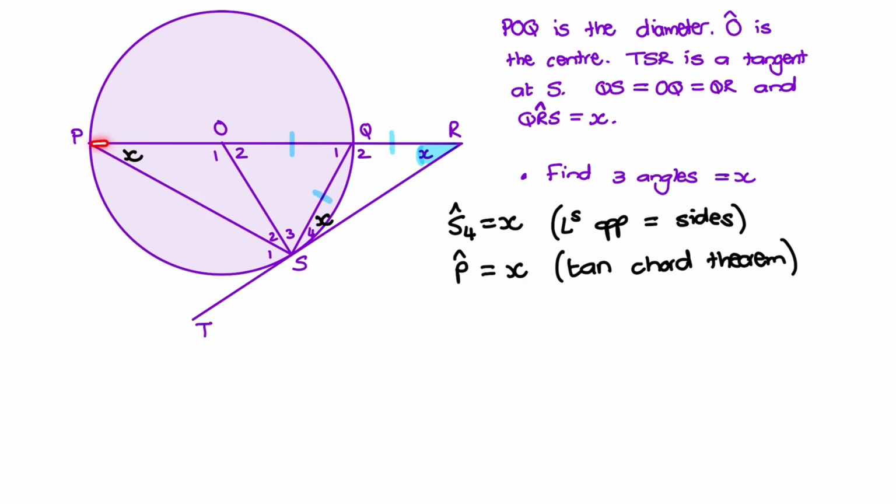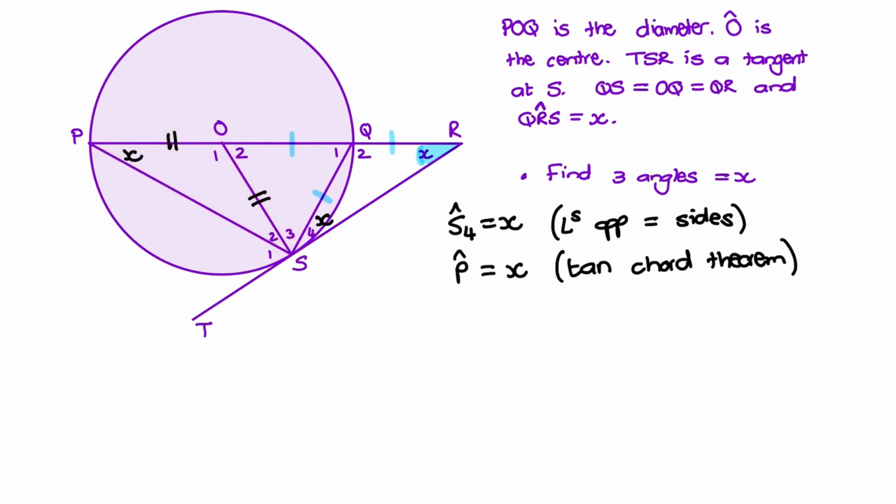And if I inspect the position of the angle P, I see that one of the arms of the angle P is a radius, because we have the line from the center to the circumference. And we also know that the line OS is also a radius. So OP is equal to OS, and because they are equal, it forms an isosceles triangle.